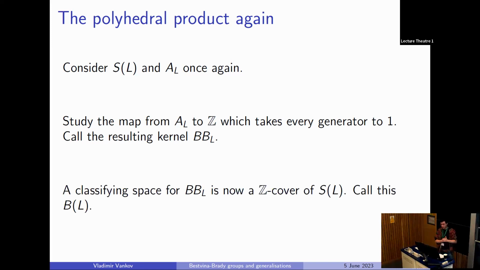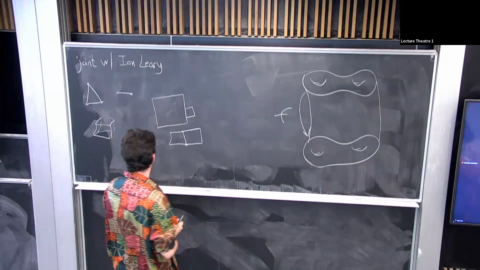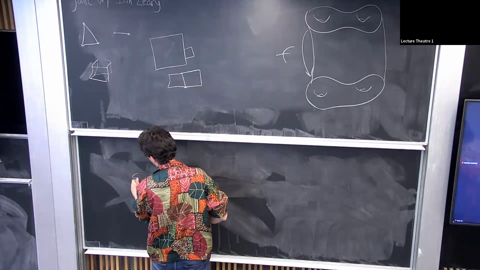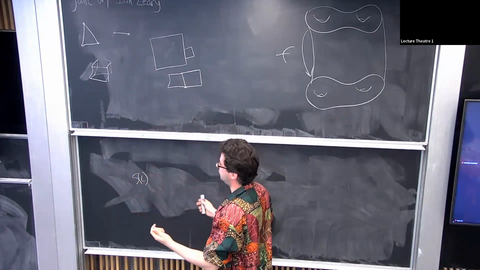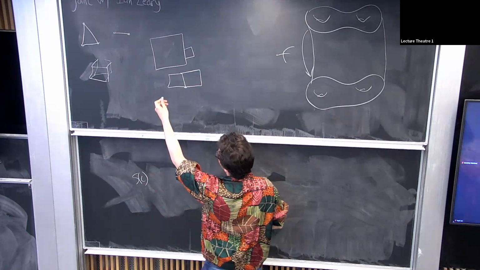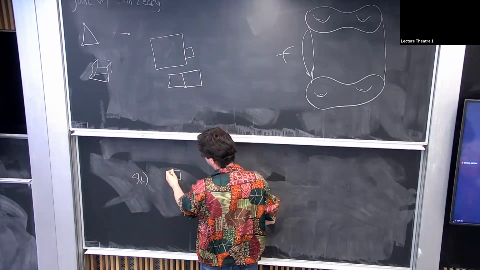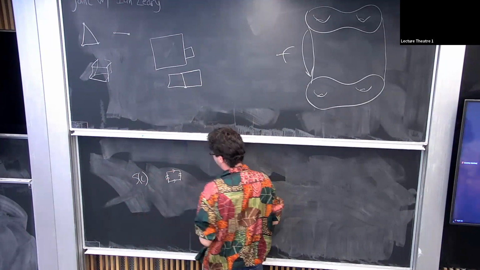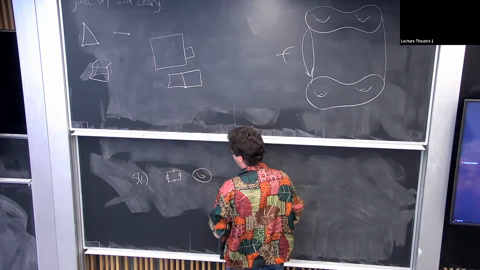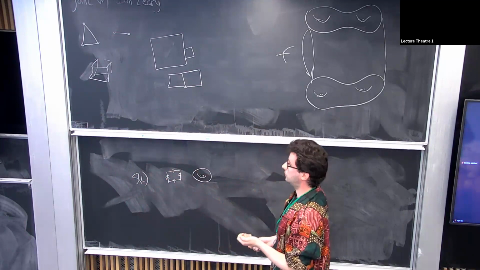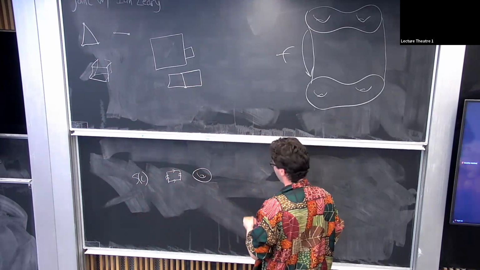So how can we understand this group BB_L? We can think about the classifying space for it. Previously, we had our space S_L, which in the example where L was a line, was a torus. And so now when we take the kernel of the map to the integers, we can actually get a classifying space for BB_L.